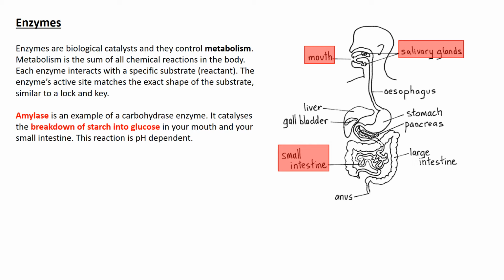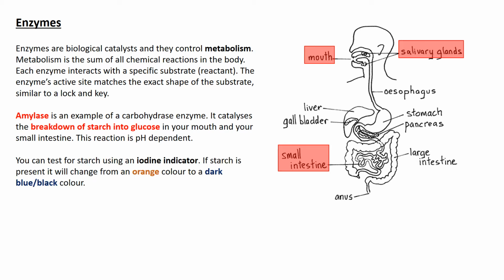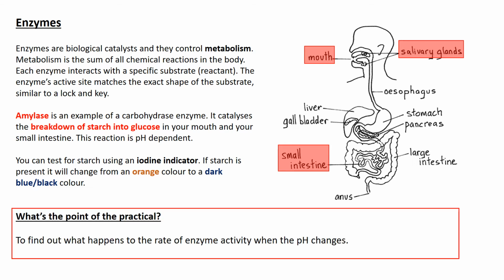Just as a recap, amylase is made in the salivary glands, and it's also made by the pancreas. We can test for starch using indicators, so think back to our food tests. One of the tests we can use for starch is iodine indicator, and it will change from a dark orange-brownish colour to dark blue-black if starch is present.